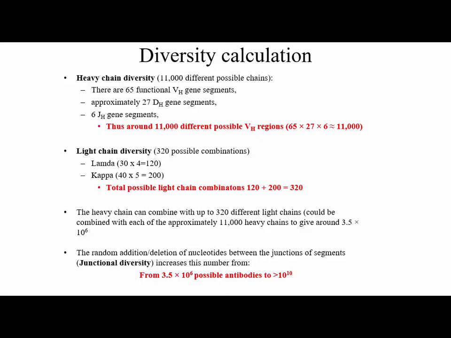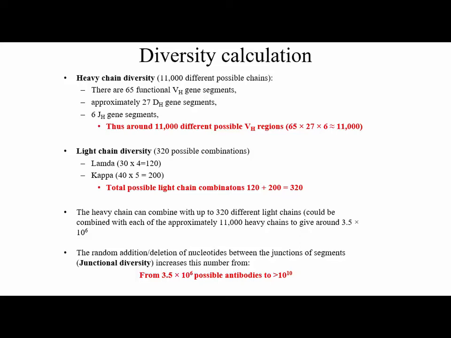Now, 3.5 million is good, but it's nowhere near enough to cover the amount of antigens that we're going to encounter. So how does the body go from 3.5 million to an almost infinite number of different types of B cell receptor possibilities? It does it through junctional diversity.